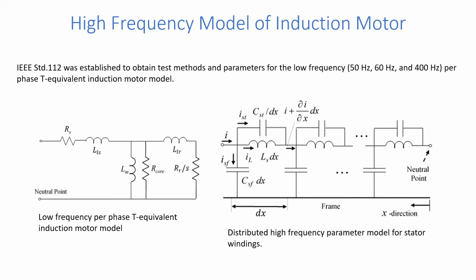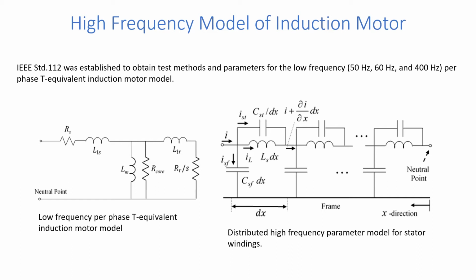Well, that is for low frequency, so it has a stator side, magnetizing branch, and then rotor side. So stator, rotor, and a magnetizing branch. On the right side, you can see the distributed high frequency parameter model for the stator winding.